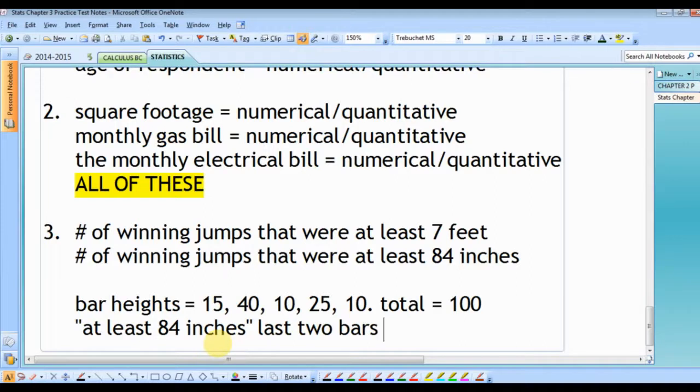Mm-hmm. So in other words, we're saying that 35 of the last 100 winning high jumps were 7 feet tall, 7 feet.